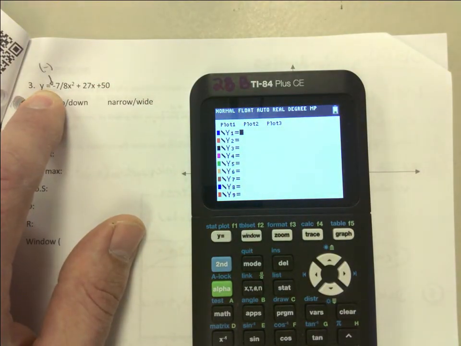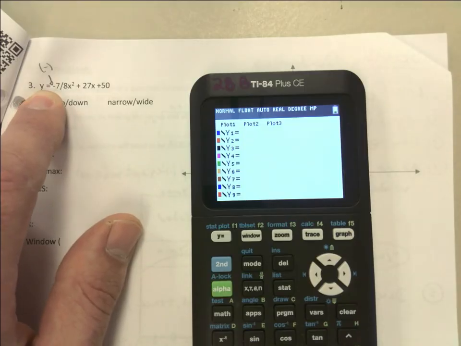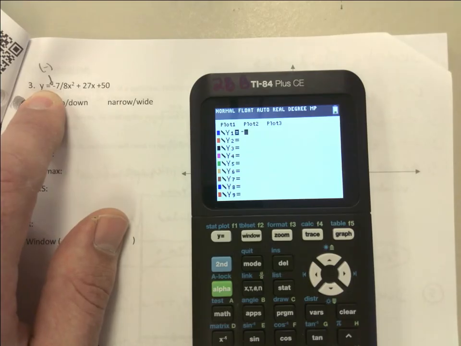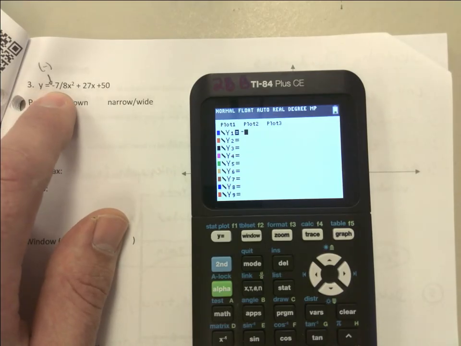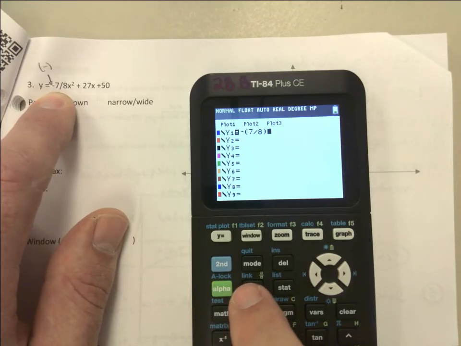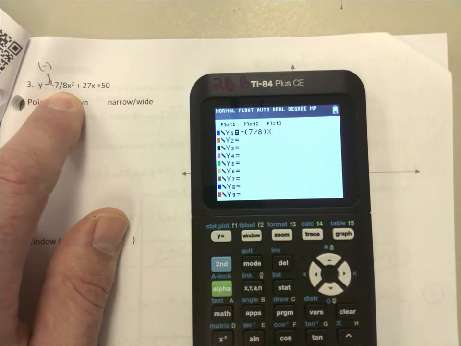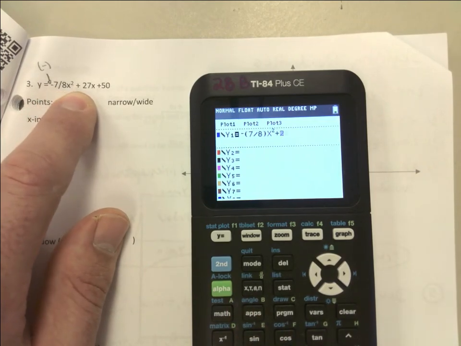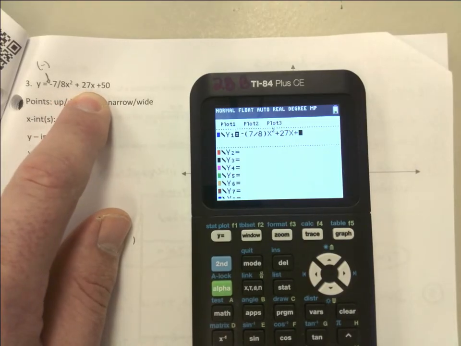Don't use minus because it's going to give you a syntax error. Syntax means the way you typed it in is not good. So negative, and then I use brackets for 7/8, 7 divided by 8, like that. That's how I enter that leading coefficient. And then I go x squared plus 27x plus 50.